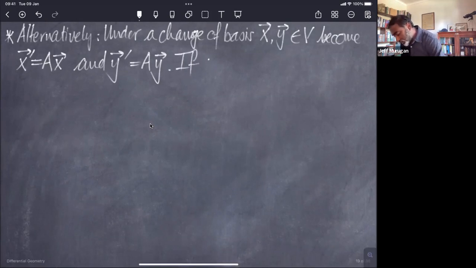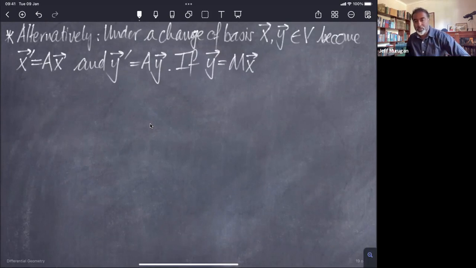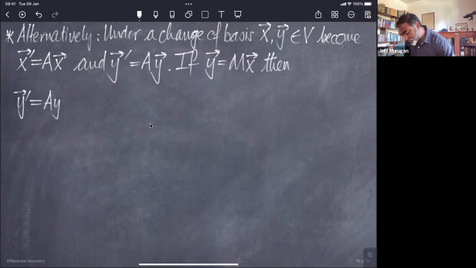So if, in addition, y is equal to Mx, in other words, x and y are related through this linear map, then the following is true. Then I know that y prime is Ay, but y is Mx, so this is AMx.